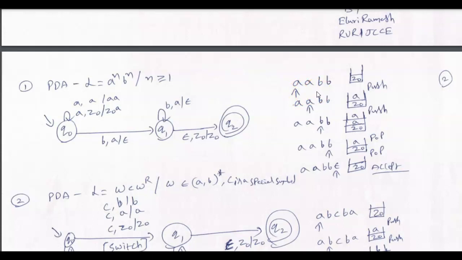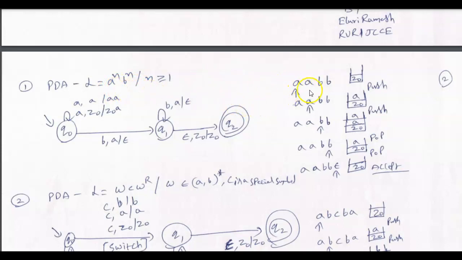We don't take any minimum string to construct the PDA, whereas in finite automata we generally go for the minimum string first and then add some more. In PDA we take not the minimum, but the next one and the one after that, whatever strings are generated from the given language.